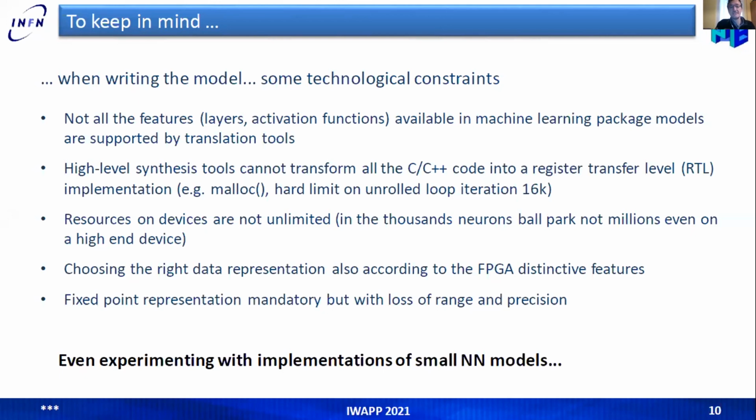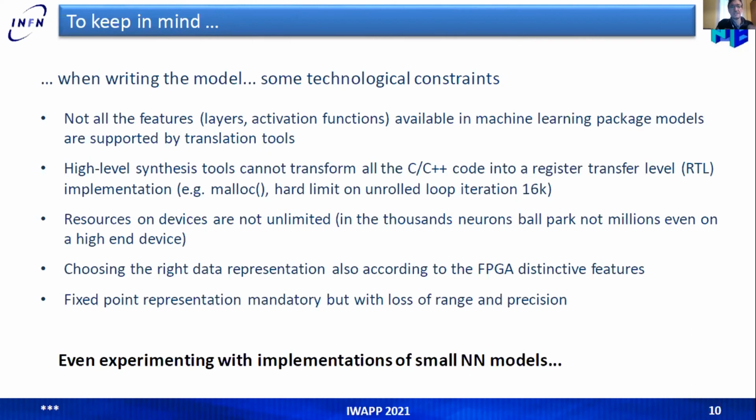The high-level synthesis tools cannot accept all the C++ code that we can write, because sometimes it's not possible to translate it directly into a bitstream, let's say. For example, malloc is not supported.